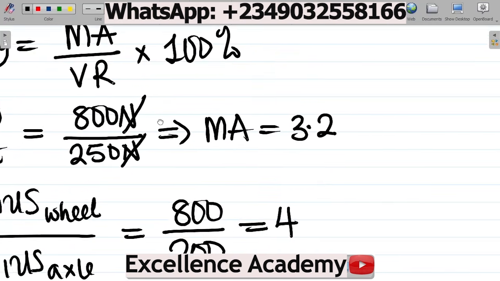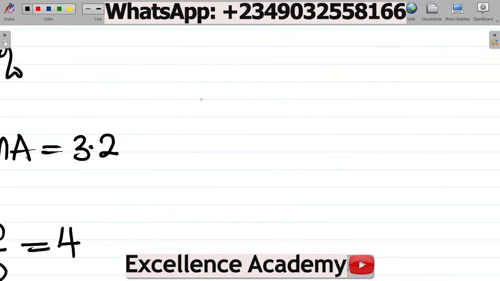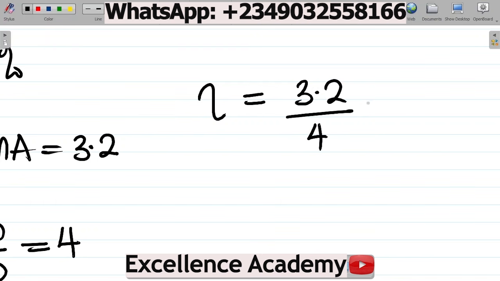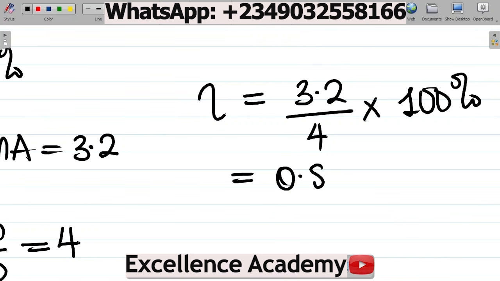Now with this, we can find efficiency. So we can finally say that efficiency is equal to mechanical advantage 3.2 all over velocity ratio 4 times 100%. And that's equal to, so punch 3.2 all over 4, and that's about 0.8. 0.8 multiplied by 100, you add the percent there.